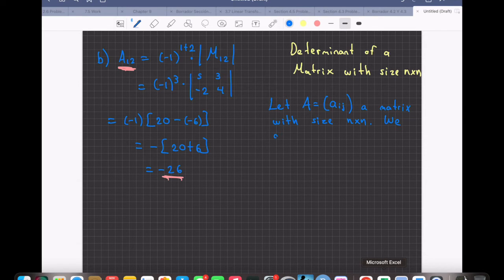We define the determinant of A equal to the element in row 1, column 1, A11, times the cofactor A11, plus the element in row 1, column 2, times the cofactor A12, and so on, up to A1n times the cofactor A1n.